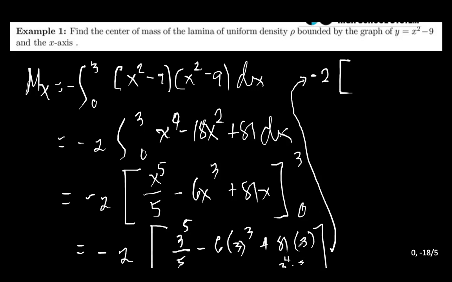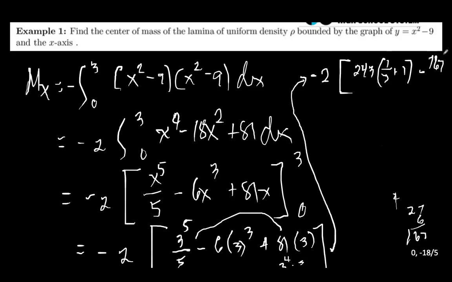So we can add these two first. 243 over 5, minus 6 times 27, which is 162, plus 243. Is it 4/3? Ah, sorry, this is 5.